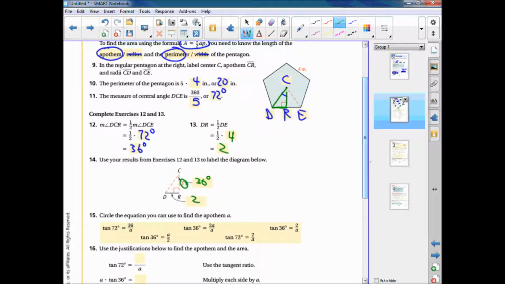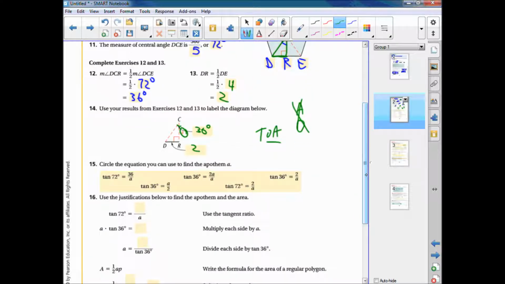What we're looking for is the apothem. We know the angle C here, so the apothem is adjacent to it, and we also know the side that's opposite of angle C. So we have adjacent and we have opposite. Those are going to go with tangent. So SOHCAHTOA will help us out here: opposite over adjacent.